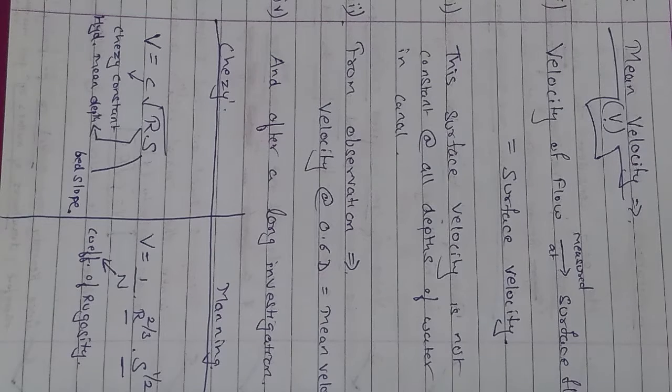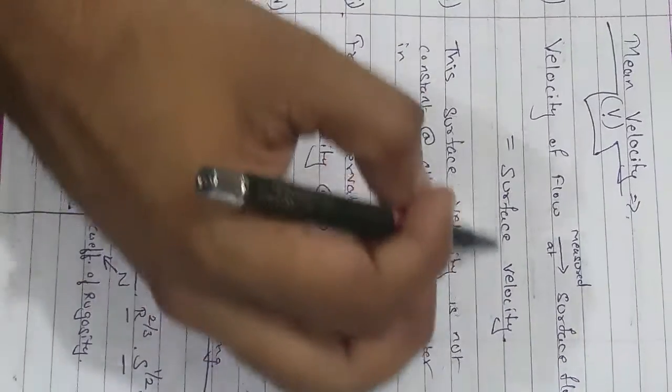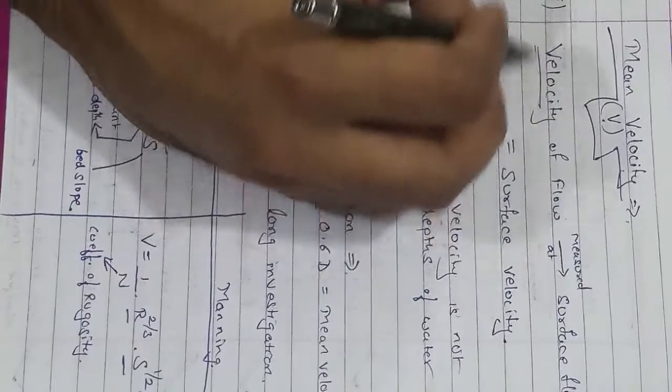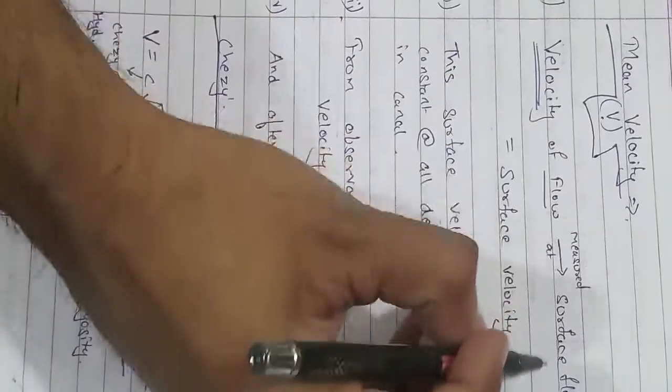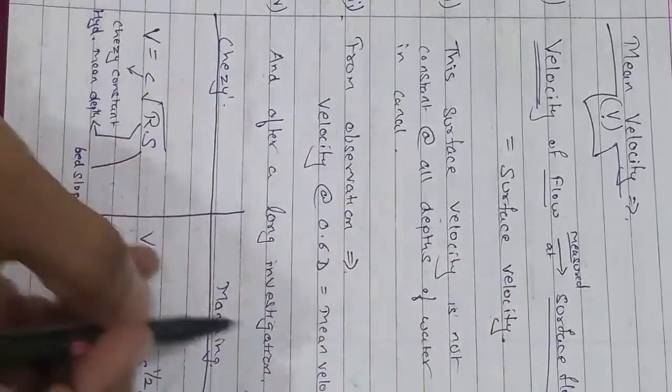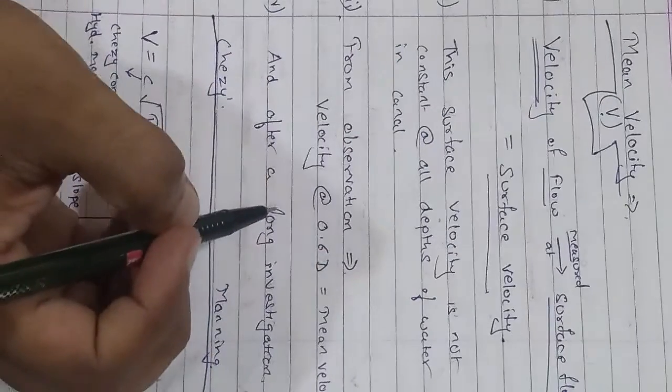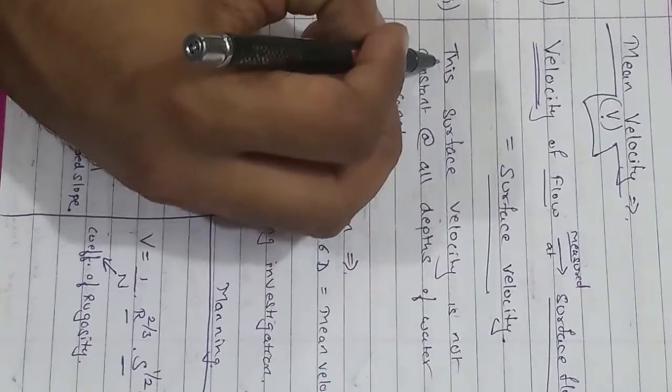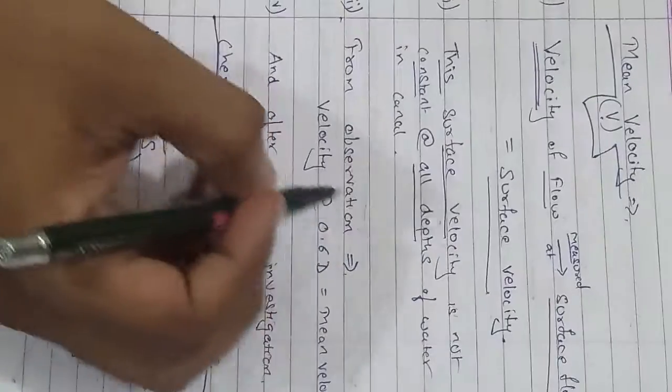Okay, let's discuss the next heading, that is mean velocity. So, what is mean velocity? First of all, the velocity of flow, which is measured at surface, is called surface velocity. But this surface velocity will not be constant at all depths.